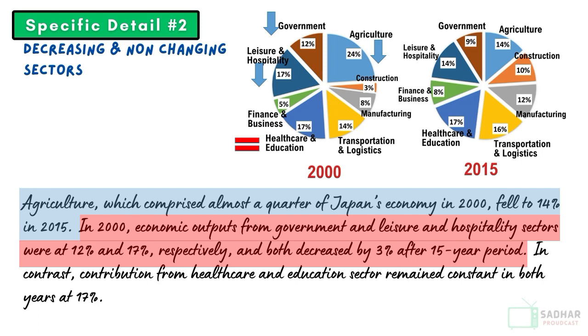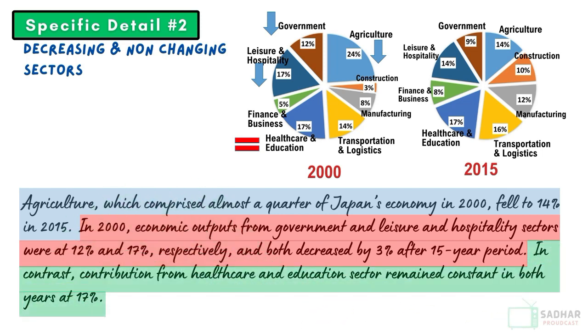In 2000, economic outputs from government and leisure and hospitality sectors were at 12% and 17% respectively, and both decreased by 3% after the 15-year period. In contrast, contribution from healthcare and education sector remained constant in both years at 17%.